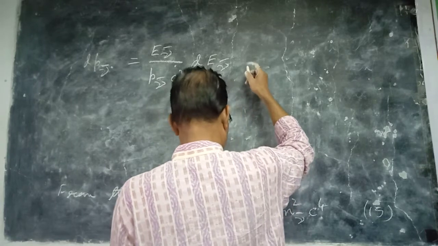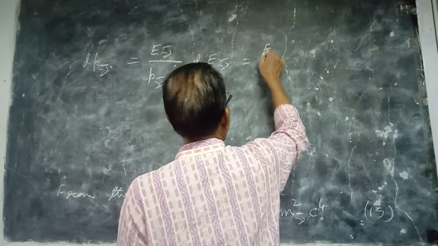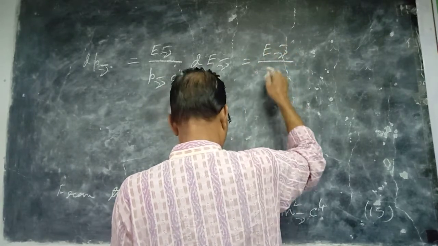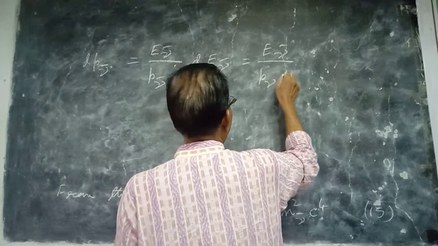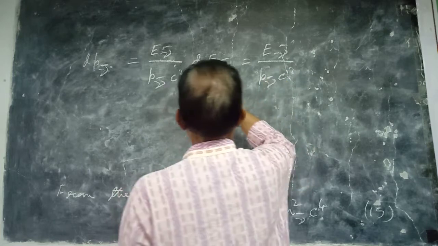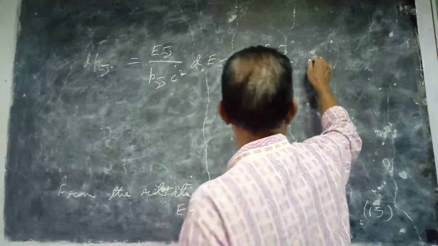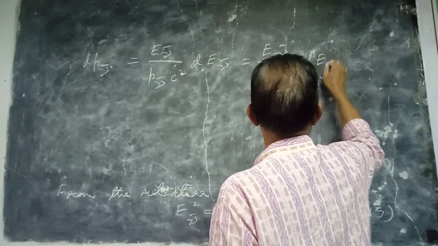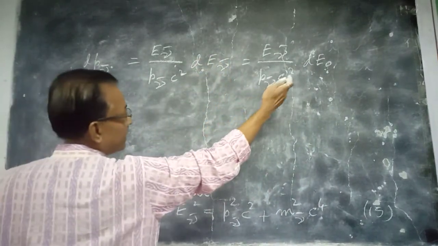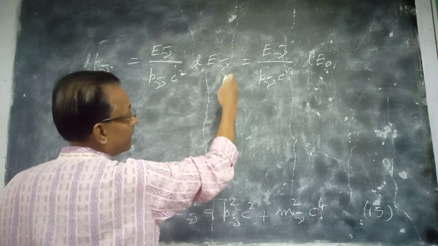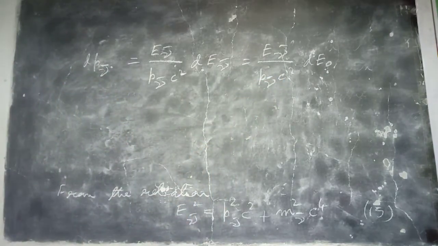So here E is a constant quantity, so you get E nu bar by P nu bar C square, and dE nu bar we have calculated, that is dE0, because the total energy E0 is equal to E nu bar plus E, where E is a constant quantity, so that is dE0.